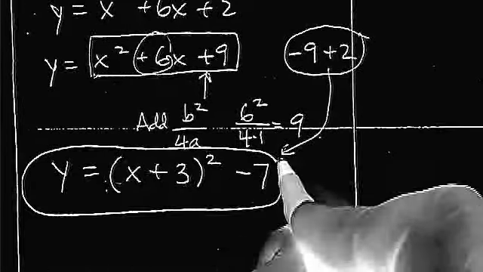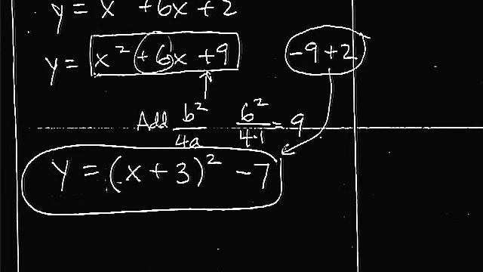Dun, dun, dun, dun. We have vertex form. So it's actually kind of a slick way to do it, because you can easily see the vertex. In fact, I think it's probably easier than finding h, k by plugging in, probably easier than the other way.